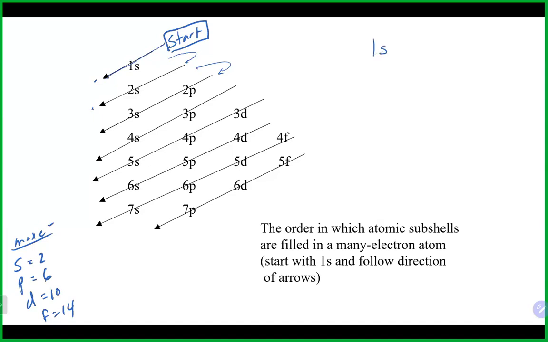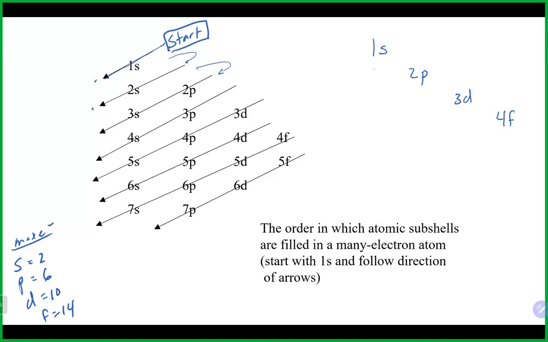Our p's don't begin until the second energy level, so you go down a little bit to the right and put a 2p. Our d's don't start until the third energy level, so you come down over to the right and go 3d. And our f's don't start until the fourth energy level, so you come down, go over to the right a little bit, go 4f. At that point, you pretty much just fill in the numbers underneath.